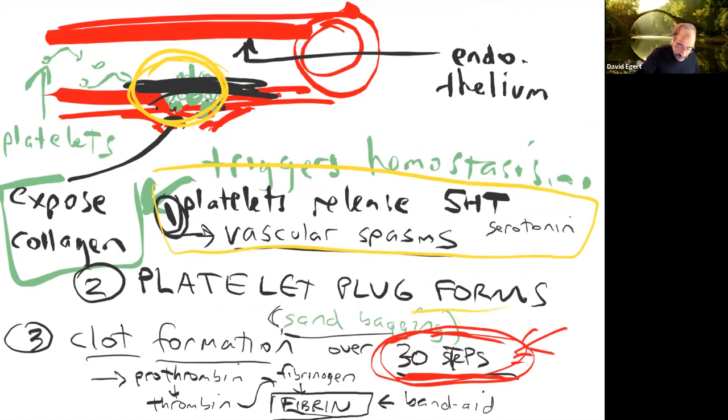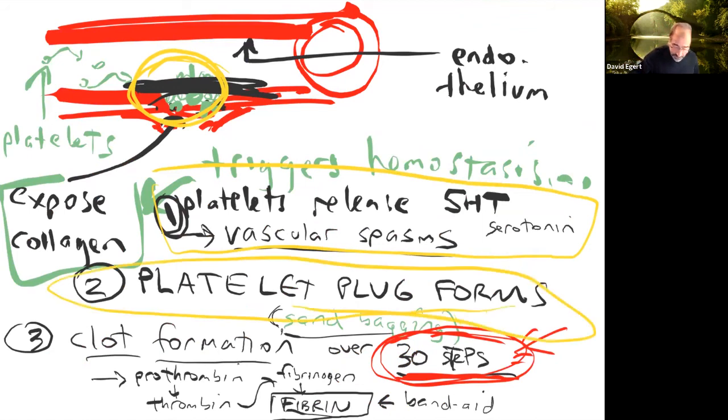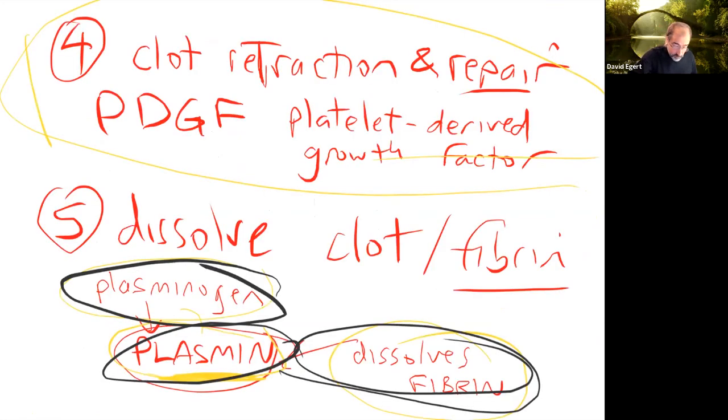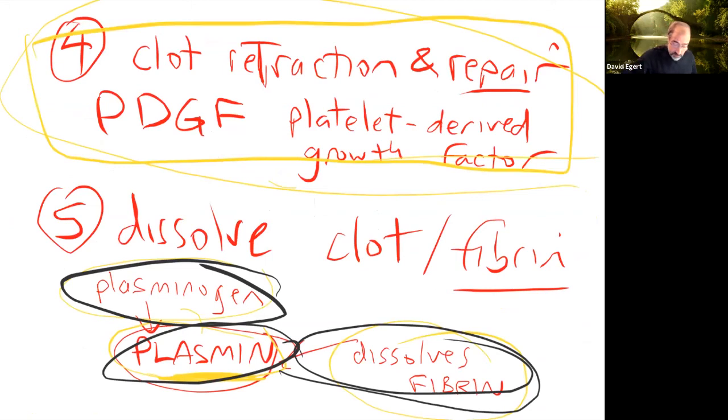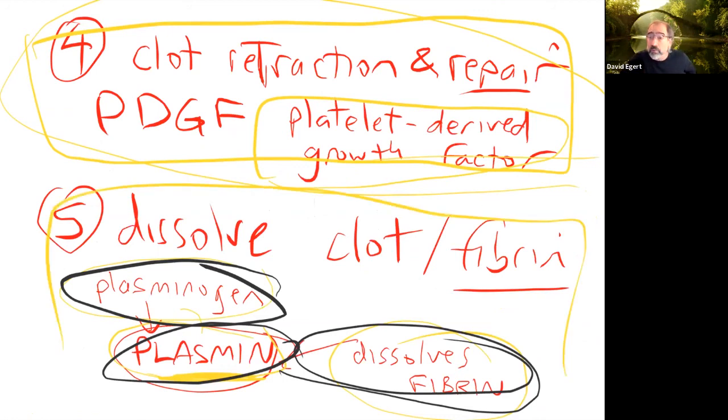Then they dogpile to make the sandbag. Then they start the more elaborate cascade of events to create the fibrin patch. And ultimately you pull the ends back together, regrow the tissue to heal it so it's back to normal, and then get rid of the clot since you don't need it anymore.